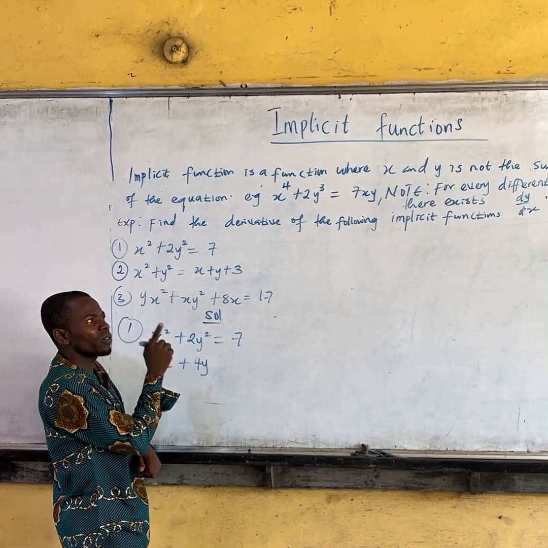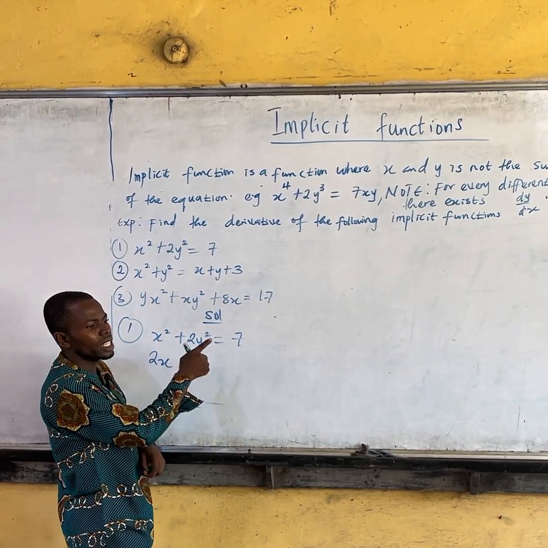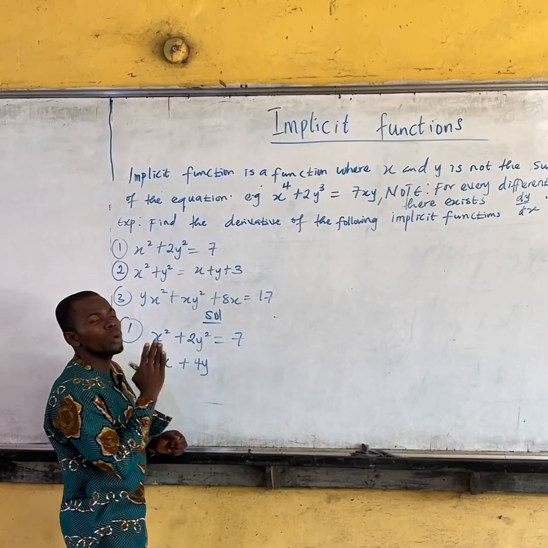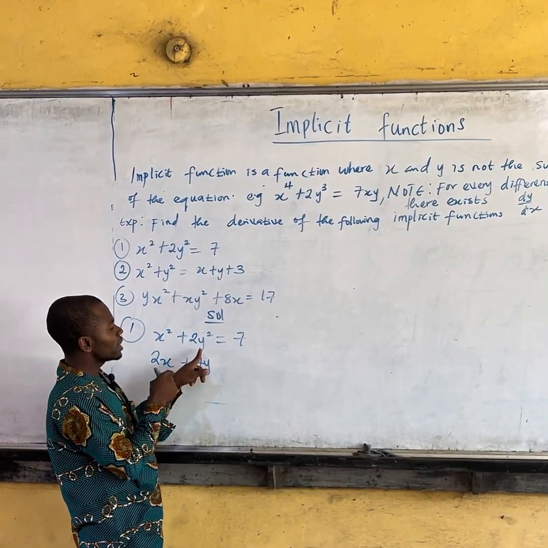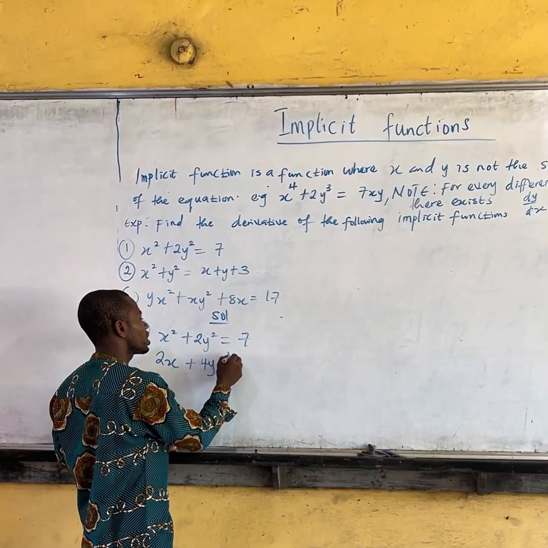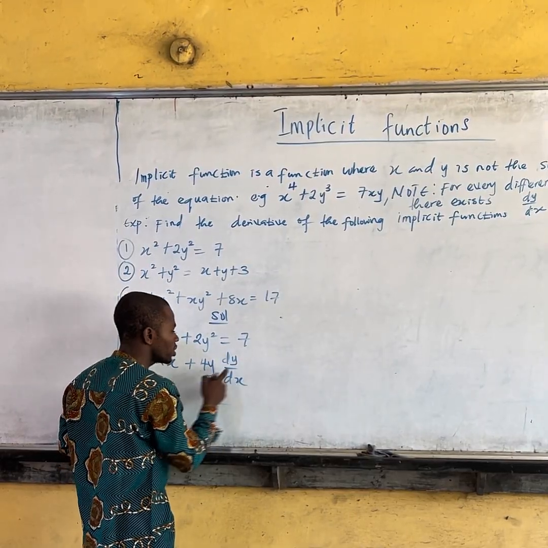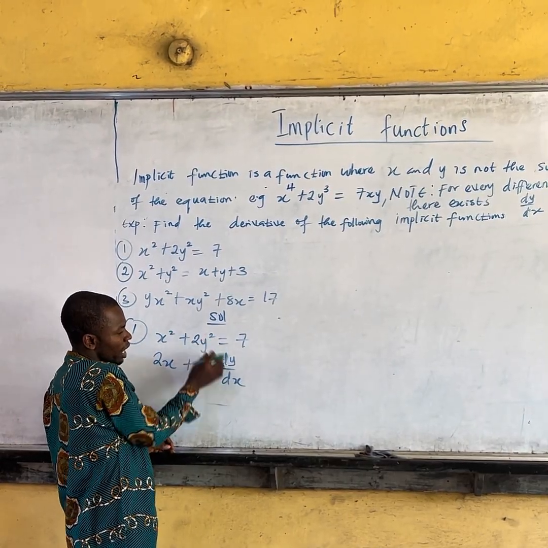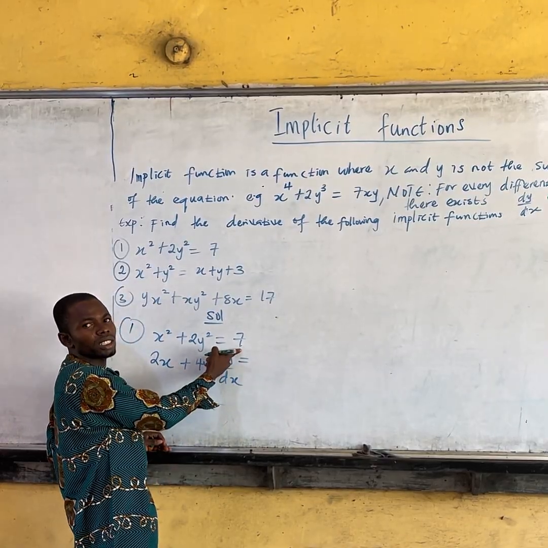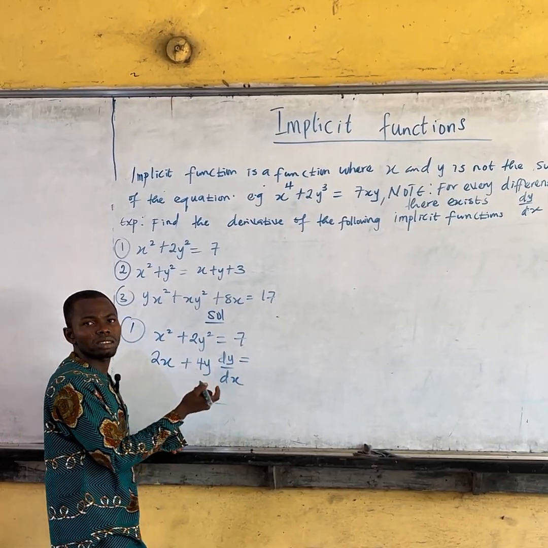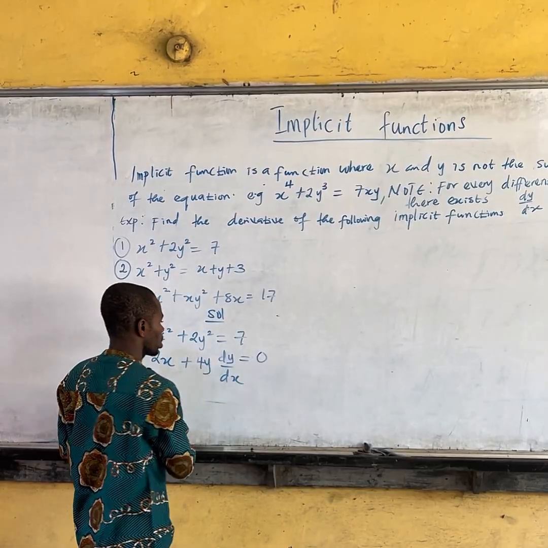But don't forget, I said for every differential of y, there exists dy/dx. It means whenever you are differentiating y, you have to put dy/dx there. So because I differentiated y here, I will put dy over dx beside what I've done. Equal to, this is a constant, 7. If I differentiate a constant, the answer is 0.